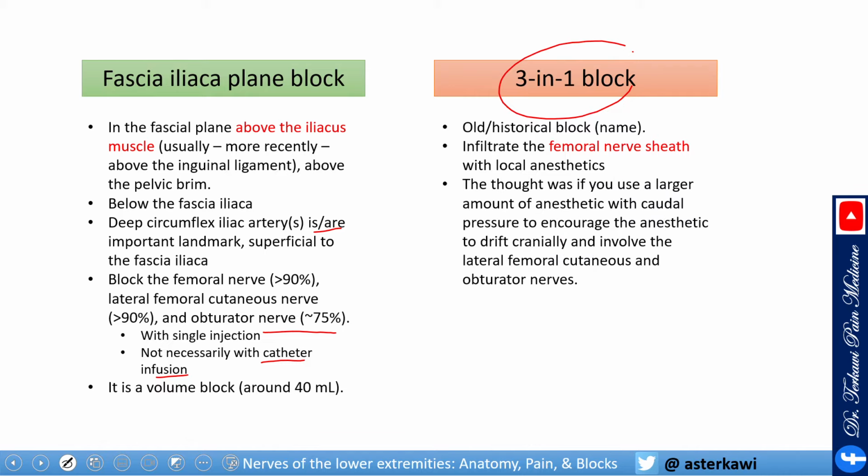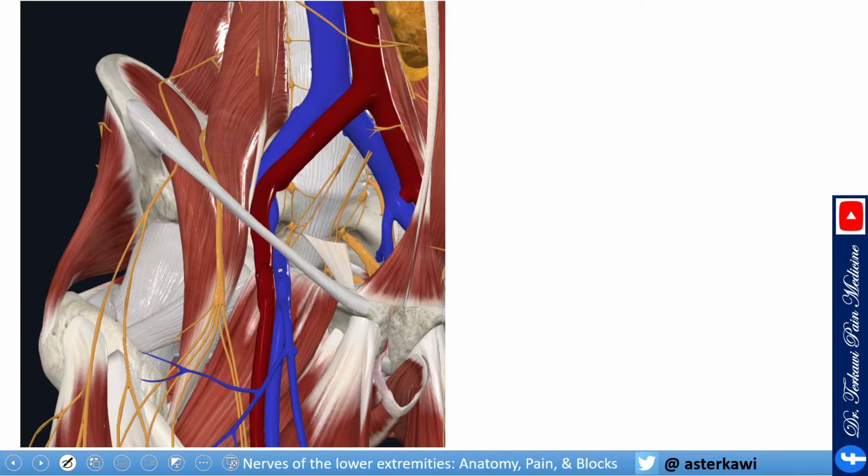And the thought was if you use a larger amount of anesthetic with caudal pressure to encourage the anesthetic to drift cranially, that potentially can involve the lateral femoral cutaneous and the obturator nerve. However, as you will see, it's very hard to believe that's true. So it turns out basically it's the femoral nerve. And this is why no one uses this term anymore.